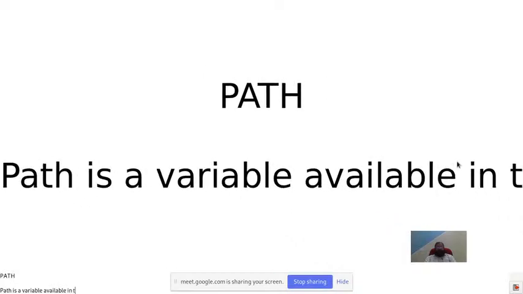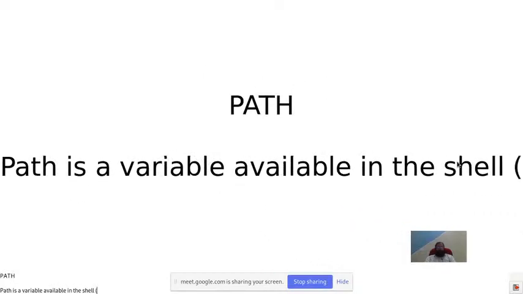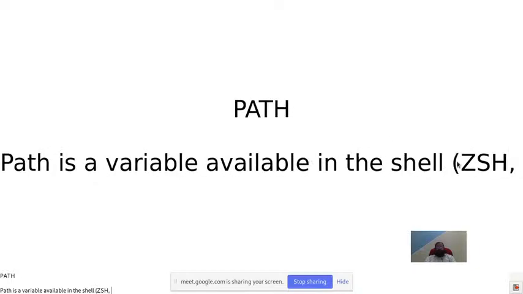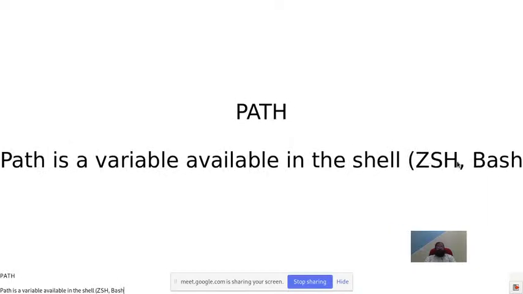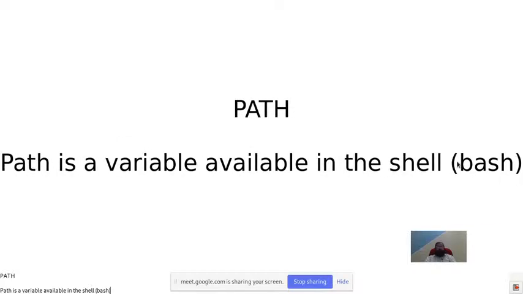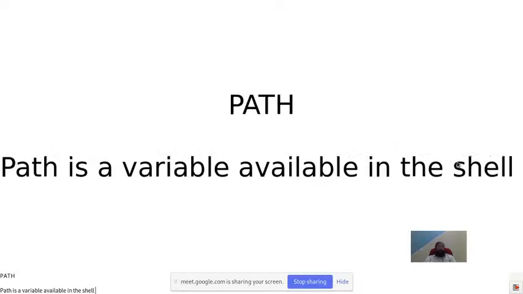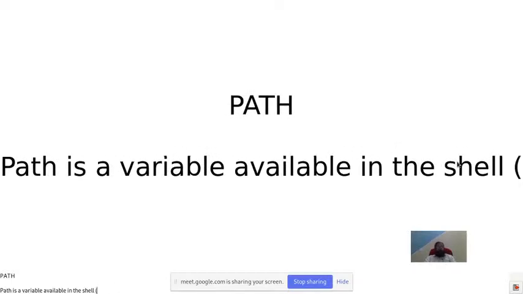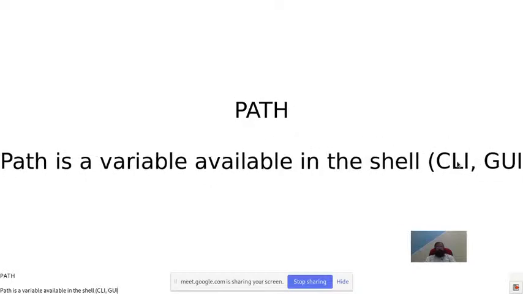available in the shell. Okay, so for easiness I am using the ZSH and I also use the bash. So let's assume that it is available in the bash shell. That's the command line shell, or it can be the GUI, right?